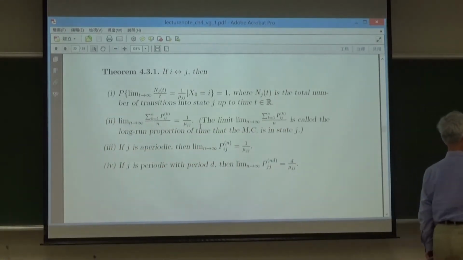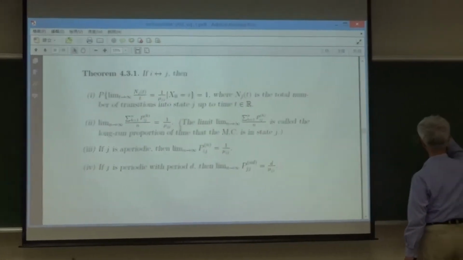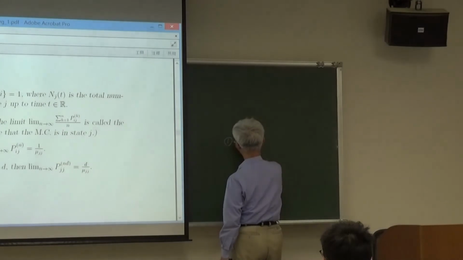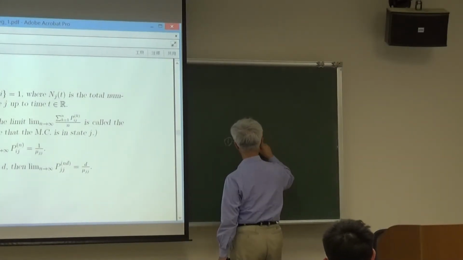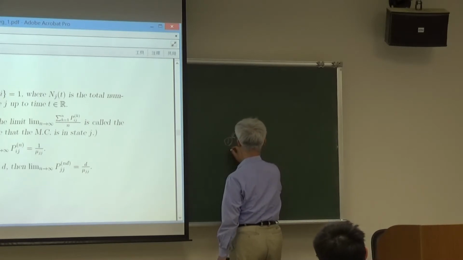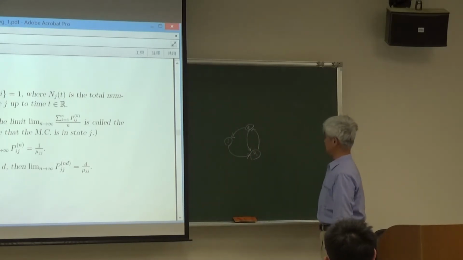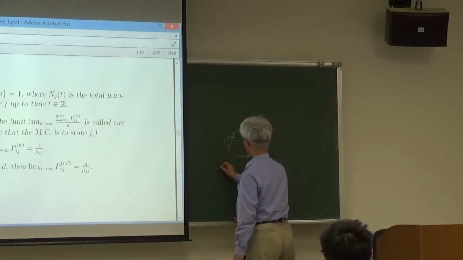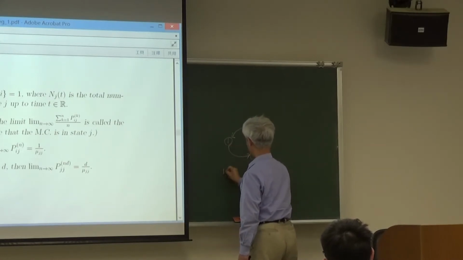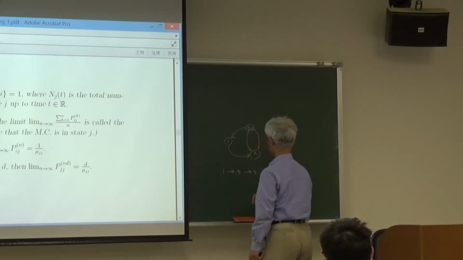For example, if we have 3 states, this is of course aperiodic, because we take a look at state 1. State 1 goes to 3, goes to 2, and goes to 1.